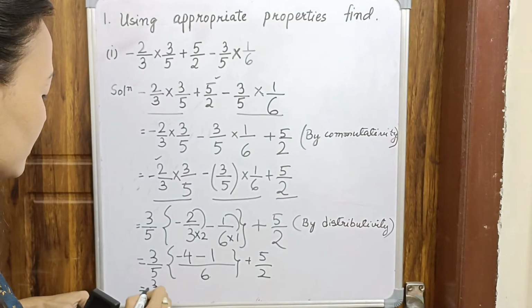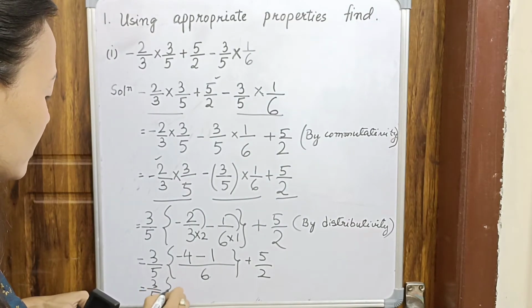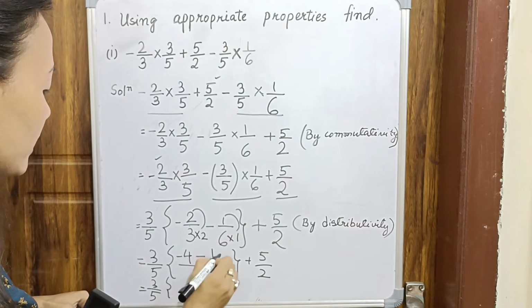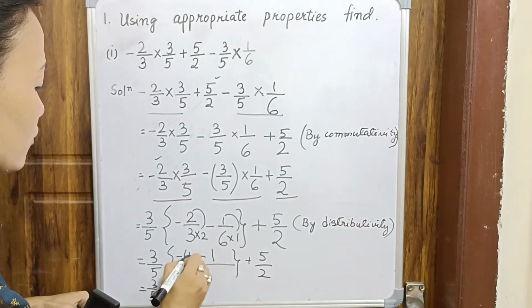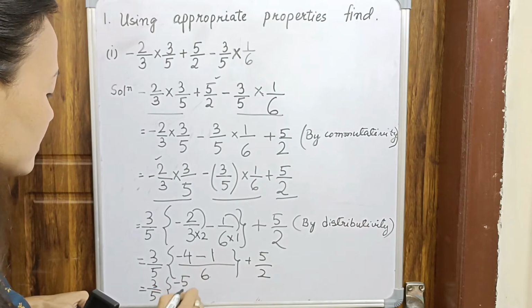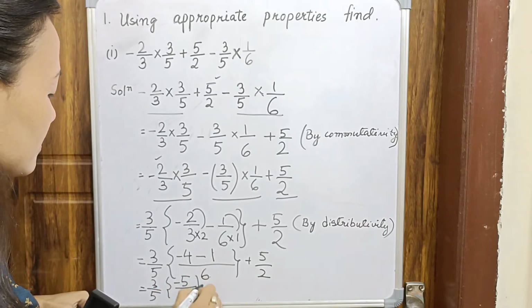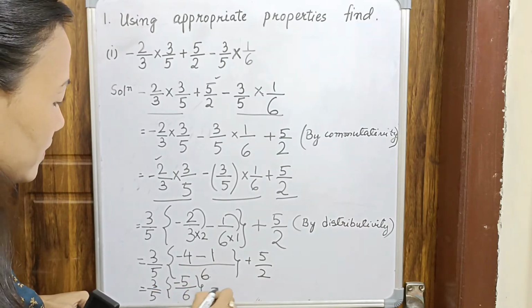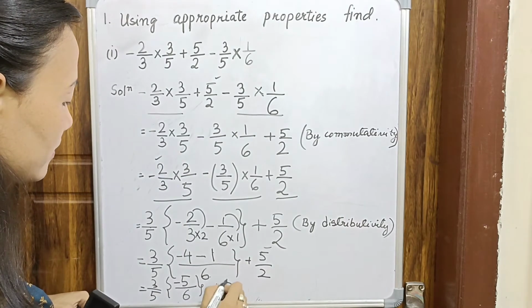Equals 3 by 5 into minus 4 and minus 1, minus and minus is plus. So 4 plus 1 is 5 and the sign is minus, by 6 plus 5 by 2.